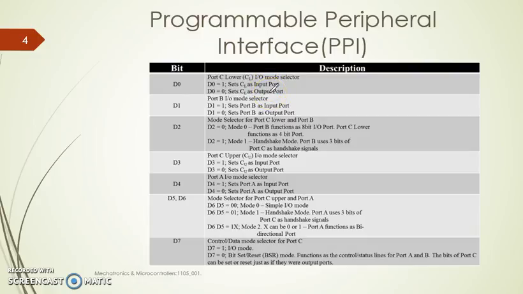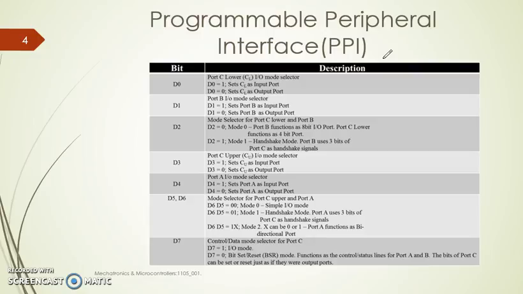So basically we can tell PPI is programmed into two modes, IO mode and BSR mode. In IO mode, we again have three different modes. Mode 0 is where port A, port B and port C are behaving as simple input-output ports. In mode 1, port A is used as input-output port with port C upper used for handshake signals.